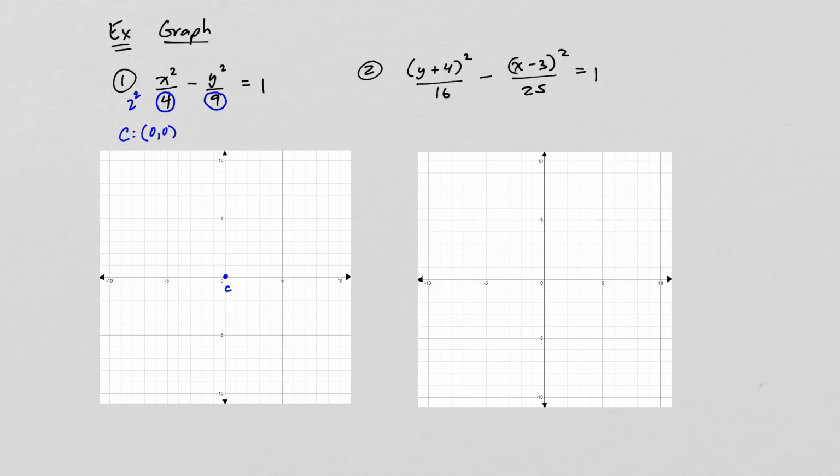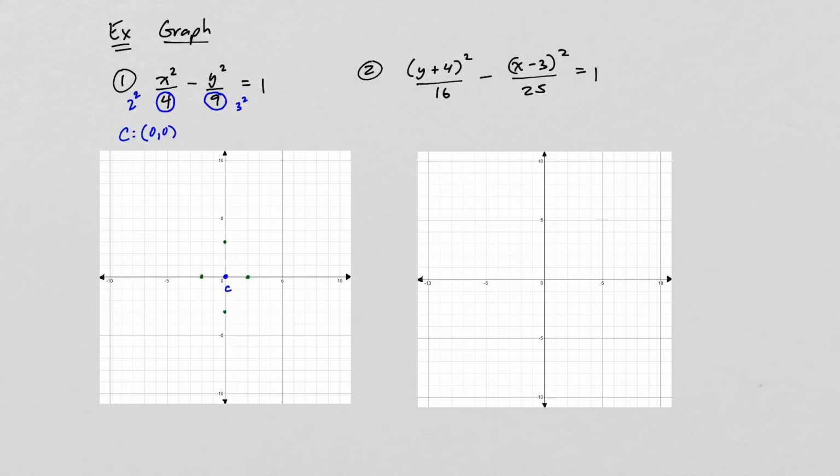You're going to think about the number 9 as 3 squared. And what that tells you is how far to go to the left and to the right of your center. So again, because the 2 here is below x, means I'm going to go 2 units to the right and 2 units to the left. And because the 3 here is below the y, I'm going to go 3 units up and 3 units down.